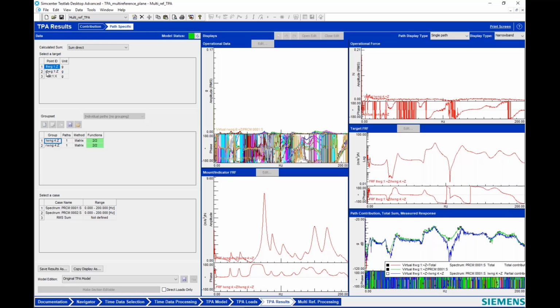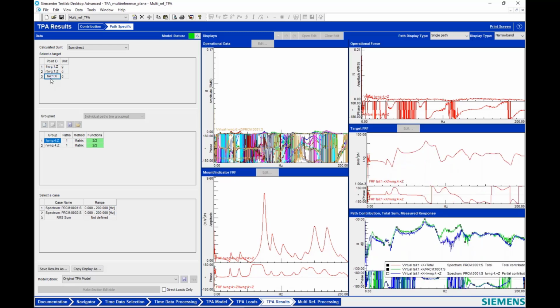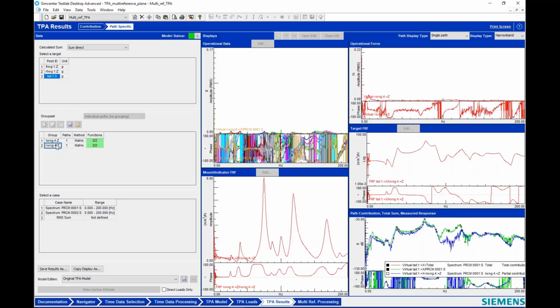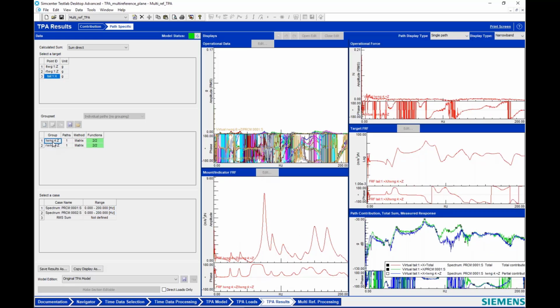If I look at the right wing target, I get similar results. And if I look at the tail, I can see what part of the contribution at the tail is coming from the left wing and what contribution is coming from the right wing. Again, I have a very good correlation between the measured data, which is green, and the total contribution, which is red. So that's multi-reference TPA.